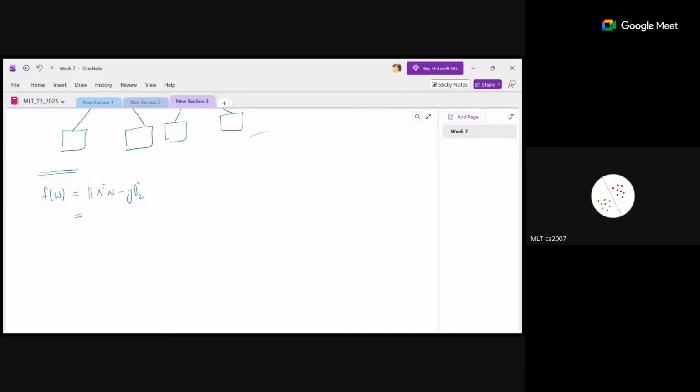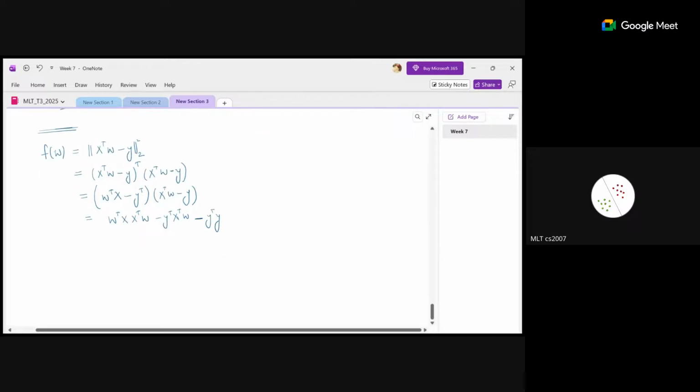We can write this as (X transpose w minus y) transpose times (X transpose w minus y). So this is nothing but (w transpose X minus y transpose) times (X transpose w minus y). Right?